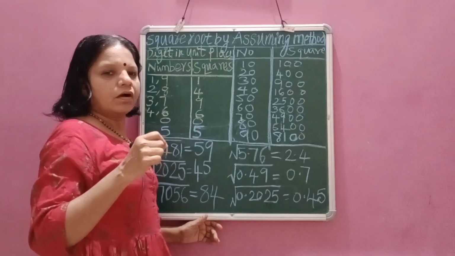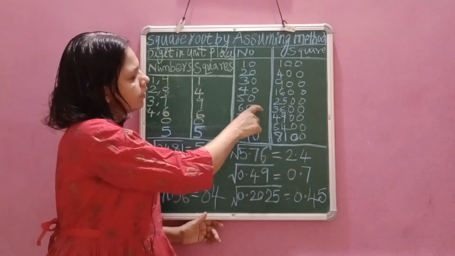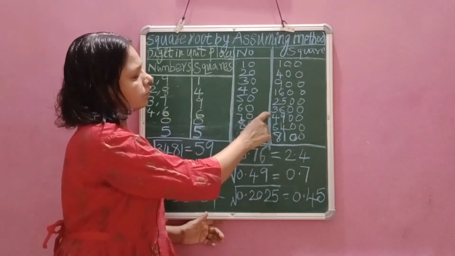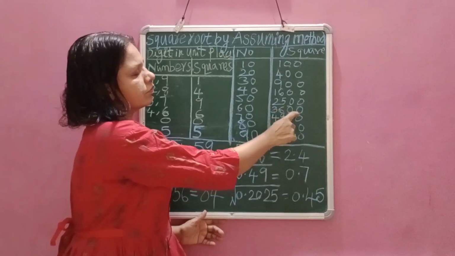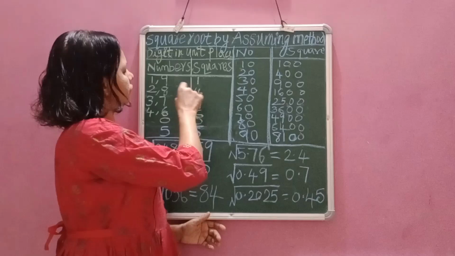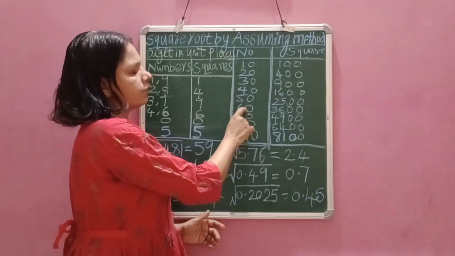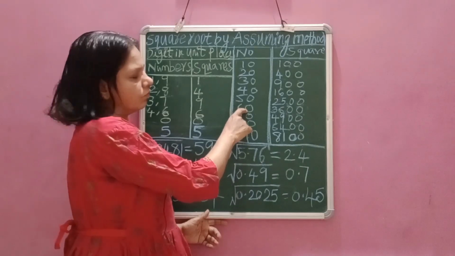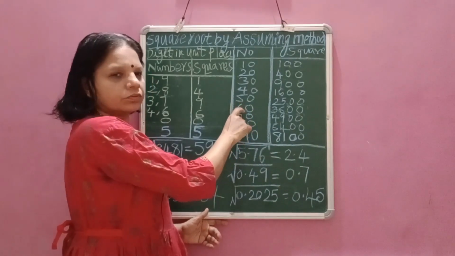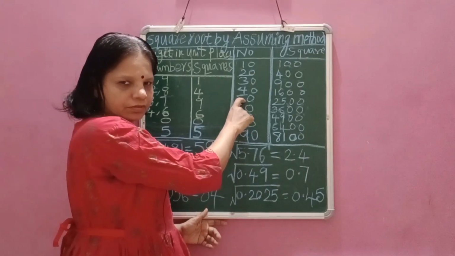From this, how will you decide? 3481 is more near to 3600 than 2500. So we know that 59 is more near to their square root also. 59 is more near to 60 than 50.